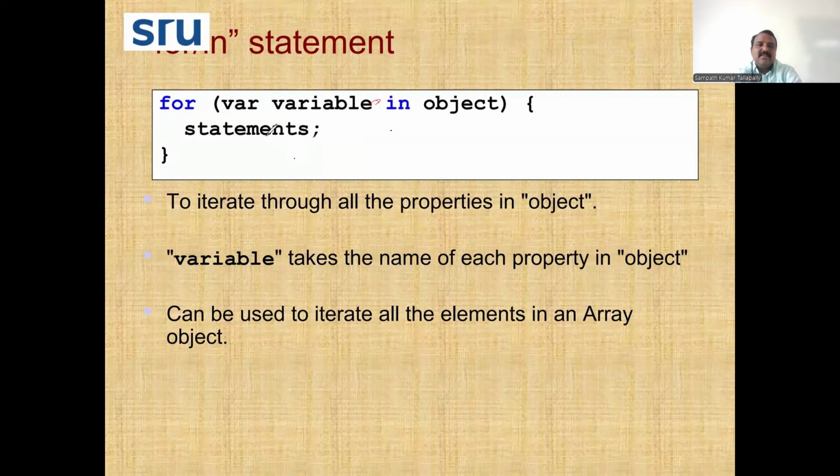In this syntax, the instructions are repeated as long as the variable is in this object. If the value is in this object, the statements will be executed; otherwise, they will not be executed. This is how we perform the for loop, and I call this the syntax of the for loop.